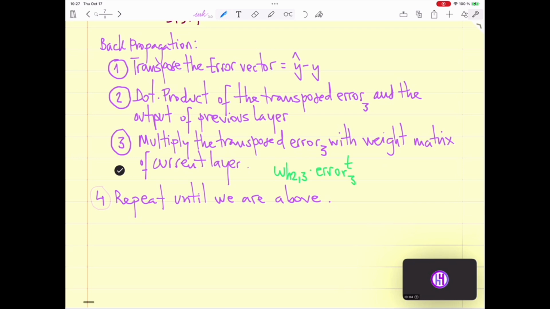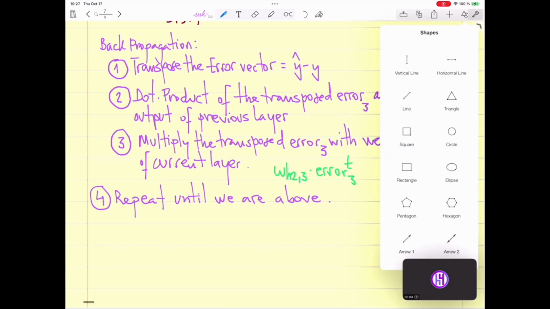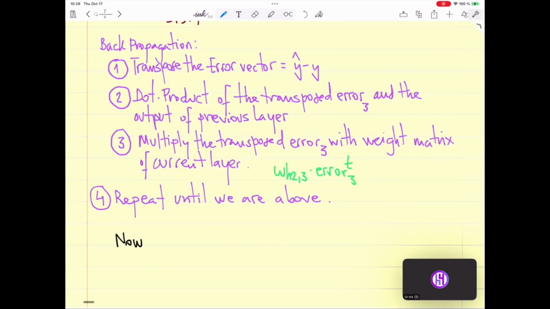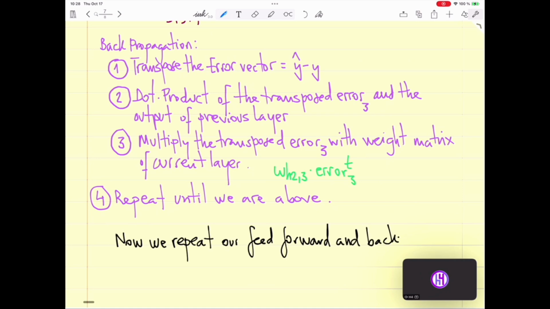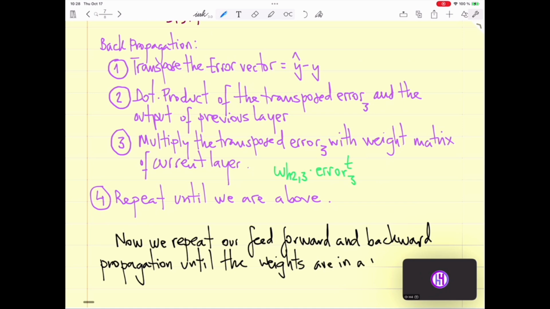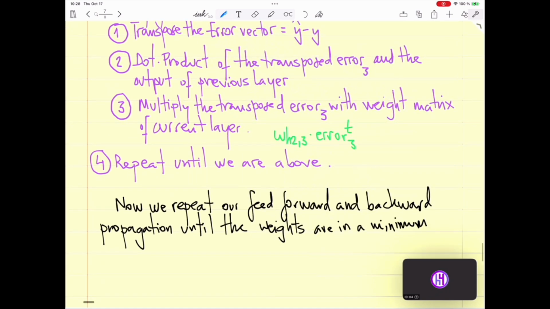Now the backward propagation is done, and now we repeat our feed forward and backward propagation until the weights deliver a minimum in the cost function.